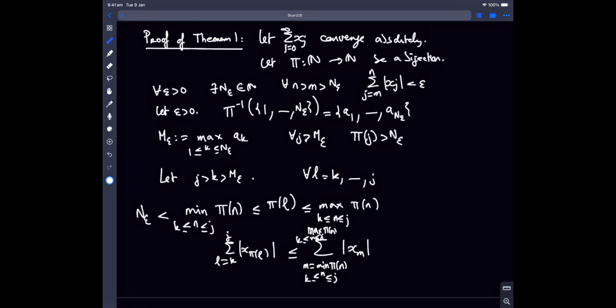But now both this minimum and this maximum are all above N epsilon, so by the Cauchy property that I've had here at the beginning, I can guarantee that this is smaller than epsilon. And what does that tell us? It tells us that the sum of the x pi l converges.